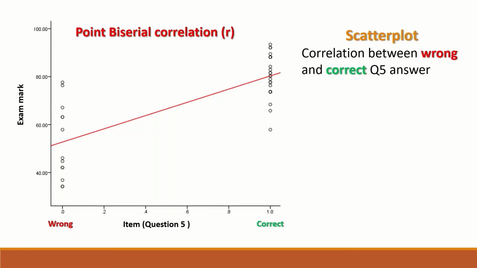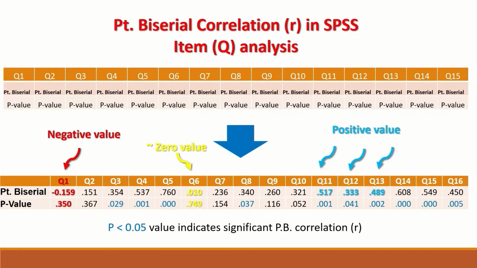So question 5, from this scatter plot, can be considered a really good question. It can discriminate between the high performing students and low performing students.